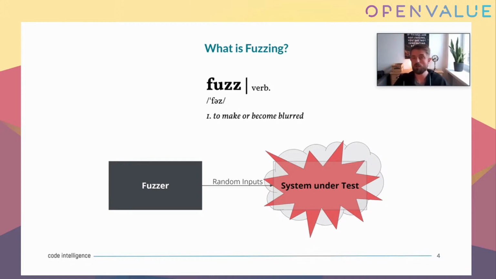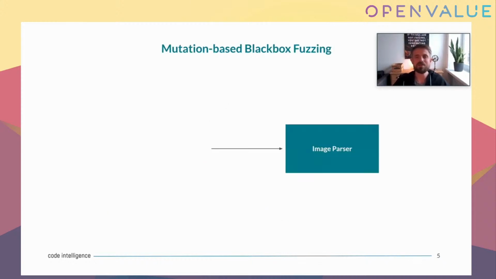And this works quite well for very simple programs. But let's say we want to test an image parser, basically something like a JPEG parser, which is more complex. And if we just produce random data, we cover a lot of error code. But how likely is it to produce a valid JPEG image just by randomness?